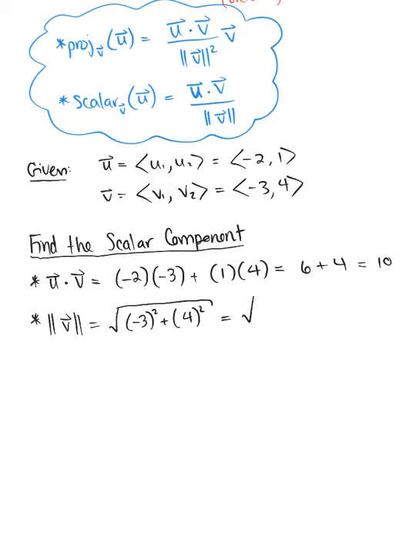That's the square root of 9 plus 16, the square root of 25, which simplifies to 5. Therefore, our scalar component of vector u onto vector v is equal to 10 over 5, which simplifies to 2.